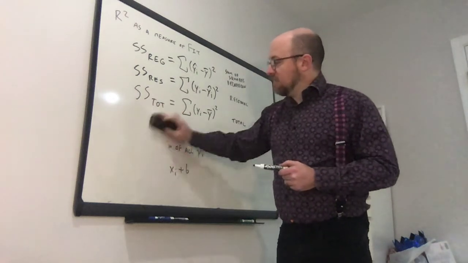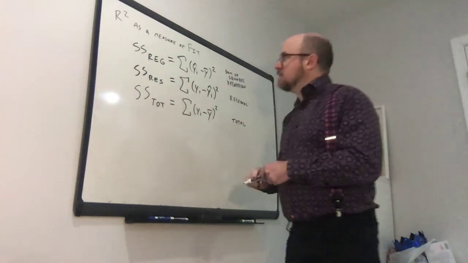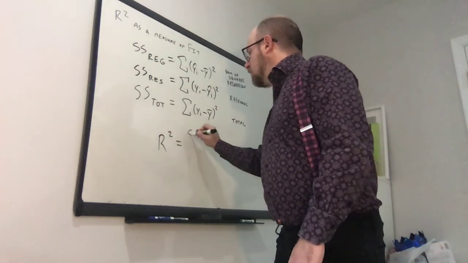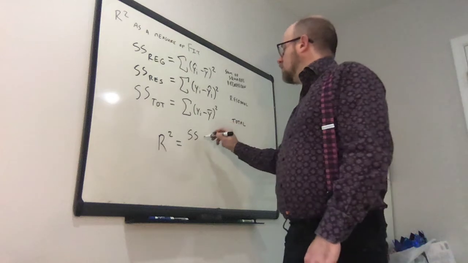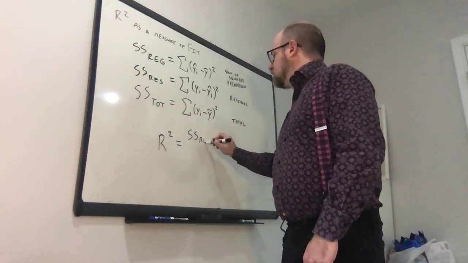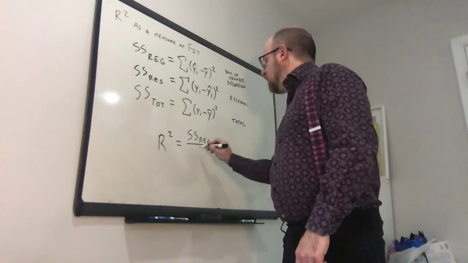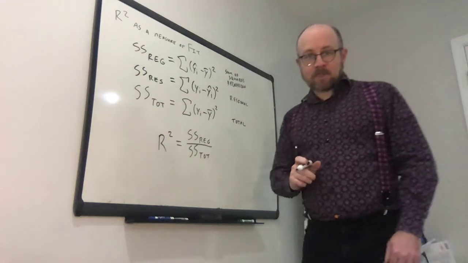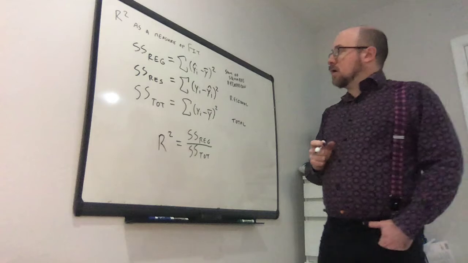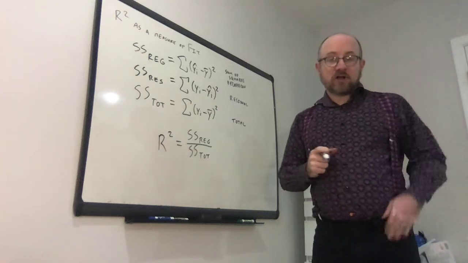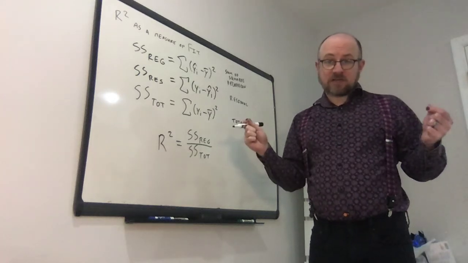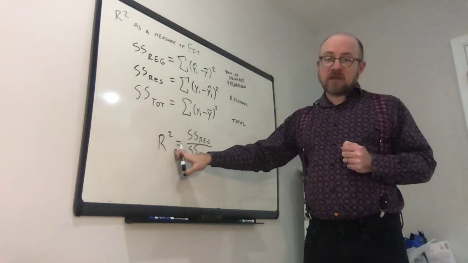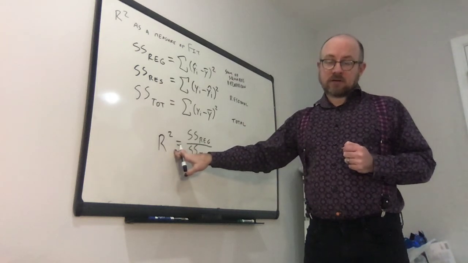Once we've got all of this, we're going to define r squared to be the sum of squares regression divided by the sum of squares total. Okay? Now, assuming that our predicted values actually came from our regression line, that they're from the best possible regression line, this r squared will be a number between 0 and 1.